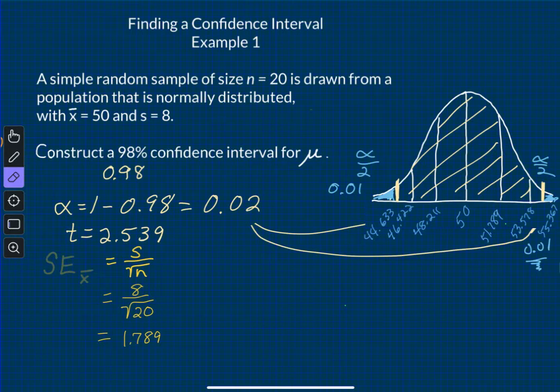Because once we have the standard error of the mean and the t-value, we can now compute the margin of error. So E will equal the t-value times the standard error of the mean. In this case, that would be 2.539 times 1.789.